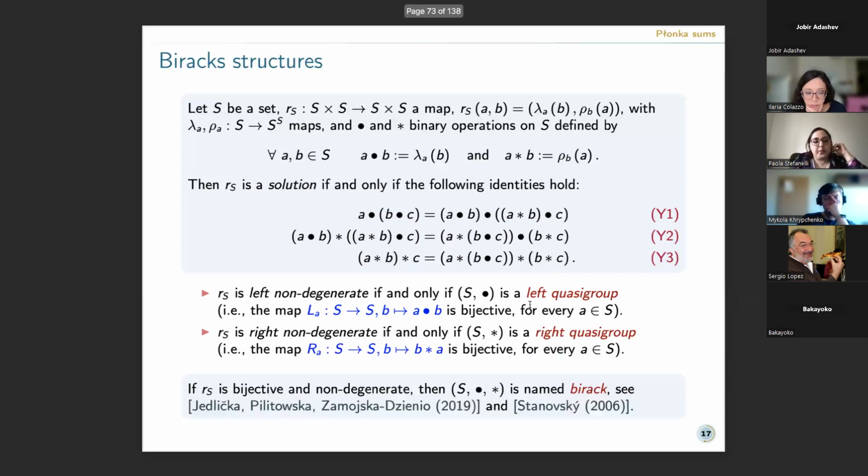And if the solution R_S is bijective and non-degenerate, the structure (S, ·, ∗) is commonly named Dirac, as one can see, for instance, in these two papers by Stanovský and by Jedrzejczak, Kubat, Plitowska, Zamojska-Dzienio of 2019 and 2006, respectively.